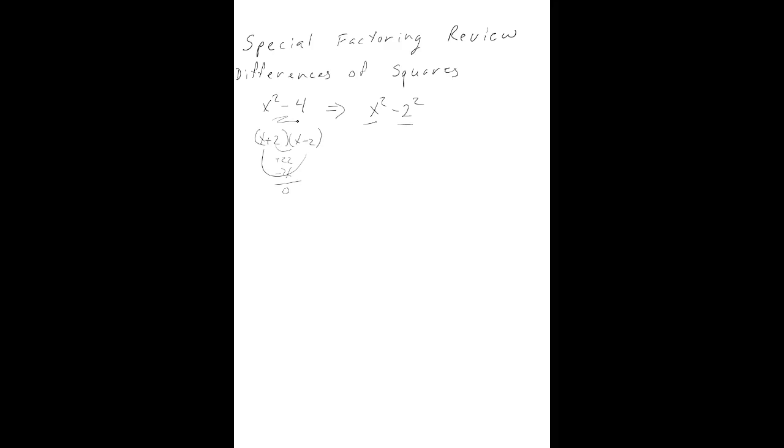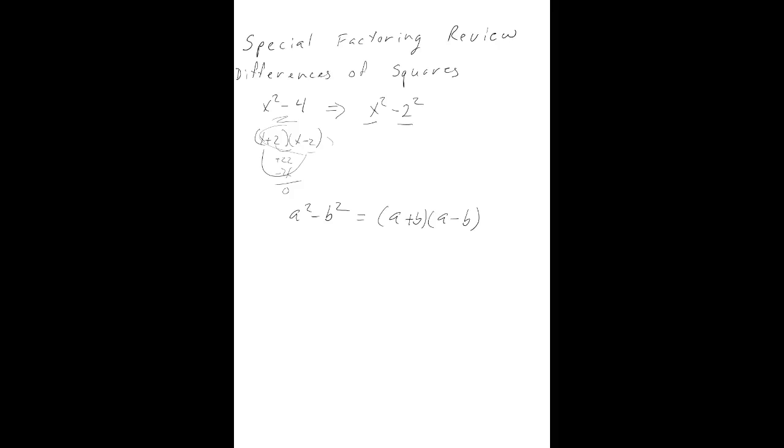So you can recognize it and understand it, or you can remember the formula: a squared minus b squared is equal to a plus b times a minus b. And that's the difference of squares formula.